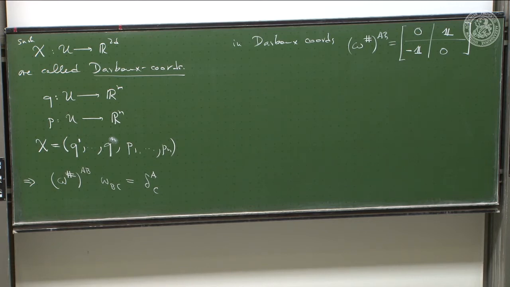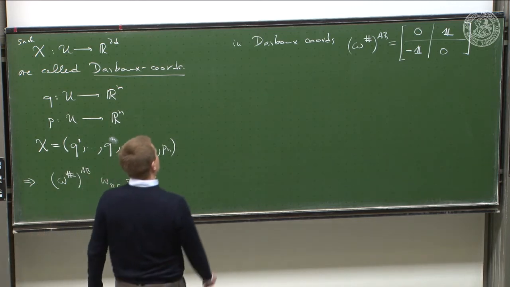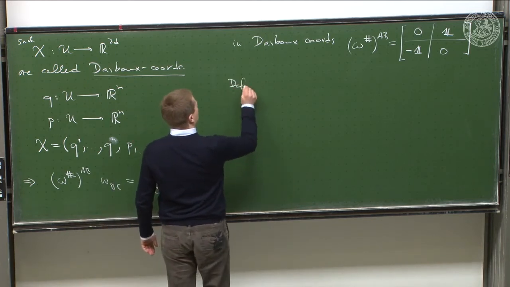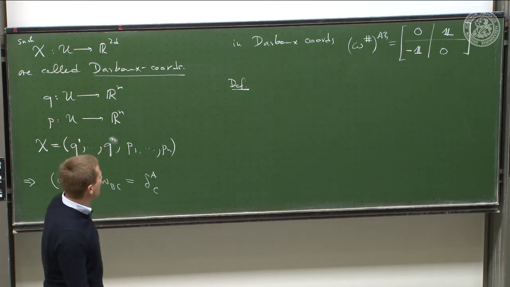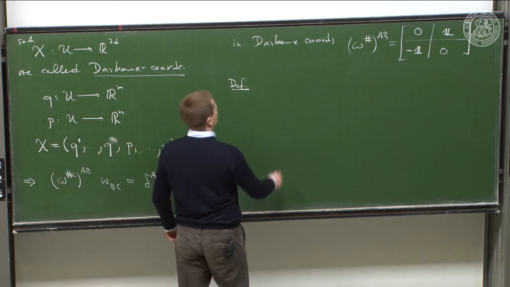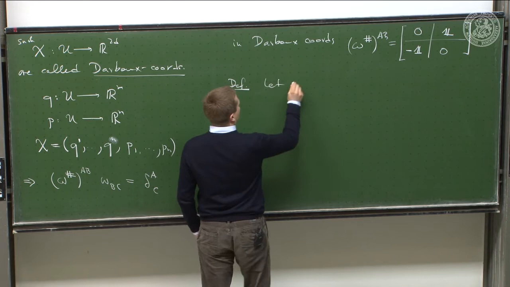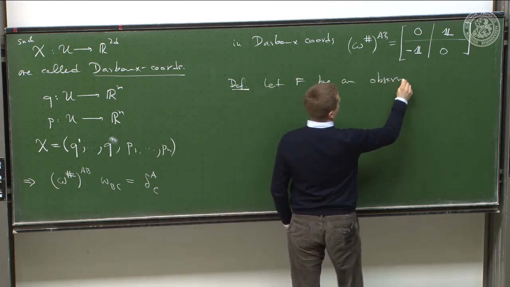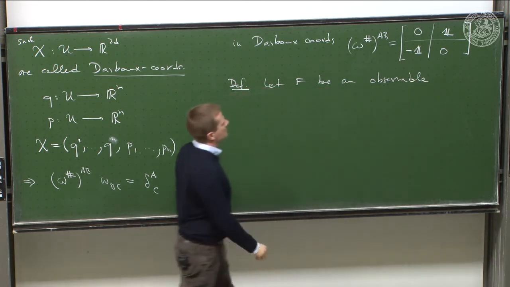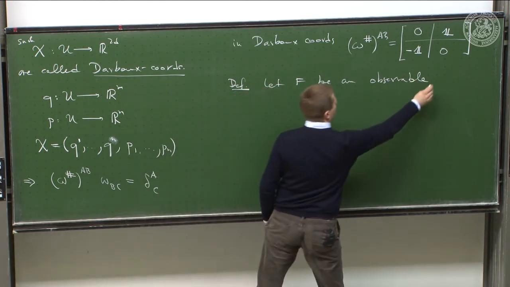Because we now have another definition, namely that of a Hamiltonian vector field. It's a little bit of a misnomer because the Hamiltonian vector field exists for every observable, not only for the Hamiltonian. Okay, let F be an observable, so a smooth function on the symplectic manifold.